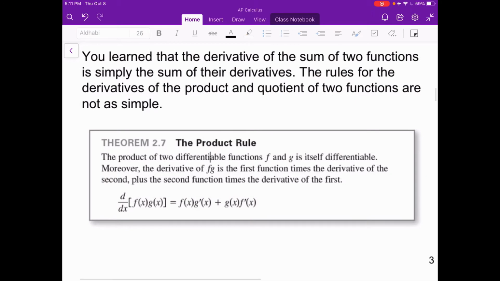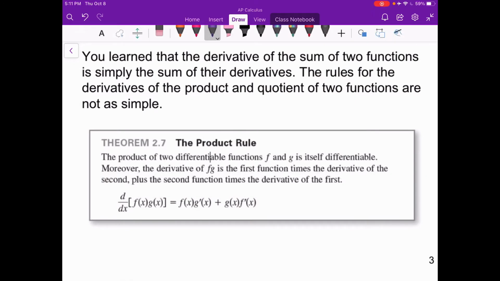So the product rule is applied when we can separate one function we see into two different ones, and they're being multiplied. To find the derivative of a function like this, you would multiply the first function, just regularly, by the derivative of the second function, and you would add it to the second function, just normally how it's written, times the derivative of the first function.